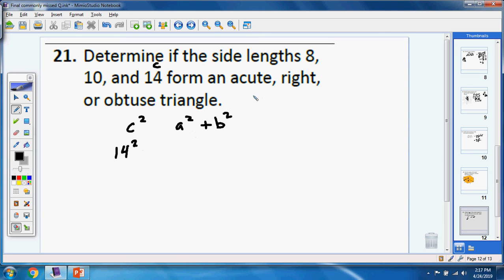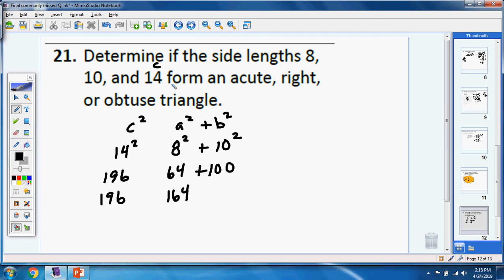A we usually say is the smaller side. So 14 squared is going to be 196, 8 squared is 64, and 10 squared is 100. So if I put that together, it's 164.